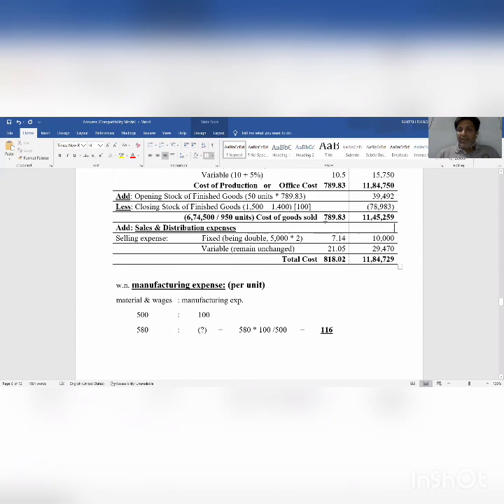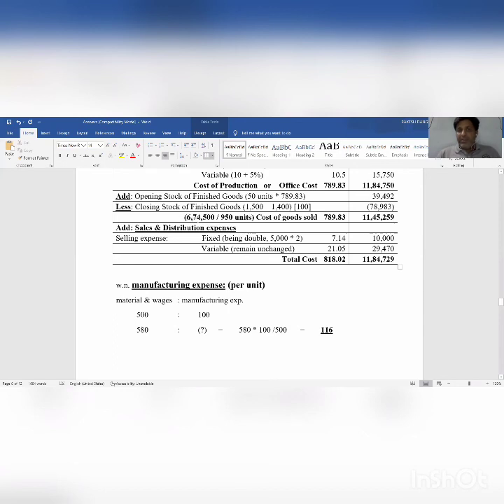So now finally we get 789.83 rupees remaining unchanged, as it is per unit wise, but now the total cost of production, the cost of goods sold, will be 11,45,259. How is it?